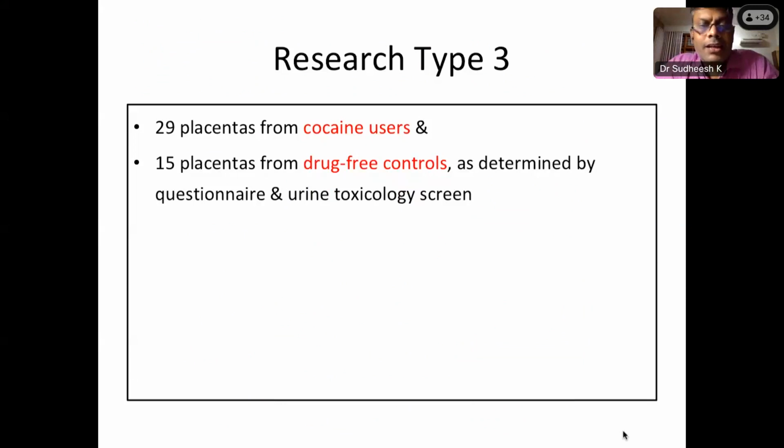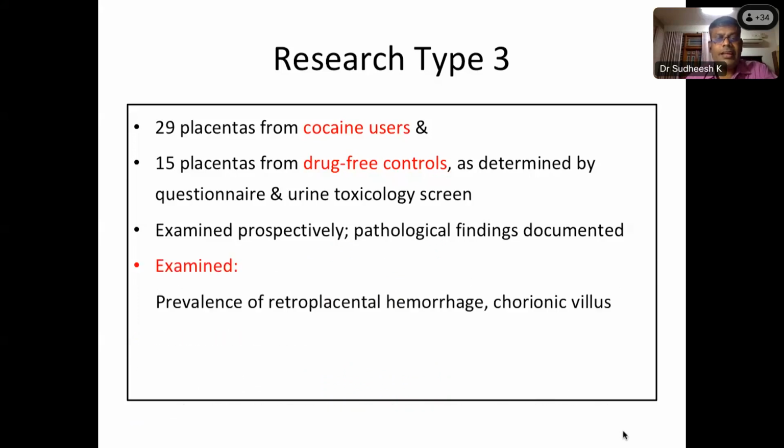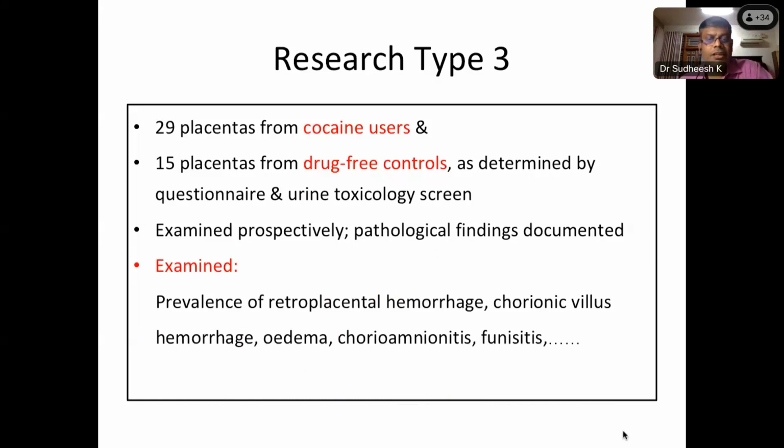So they collected 15 placentas from such participants and 29 placentas from cocaine user participants, and then he examined them prospectively, documenting the pathological findings, and he found that the prevalence of retroplacental hemorrhage, chorionic villus hemorrhage, edema, chorioamnionitis, etc. were more with cocaine users and not the drug-free control.